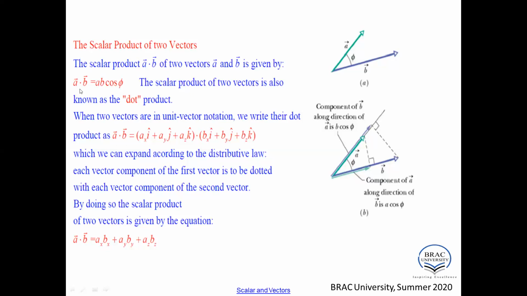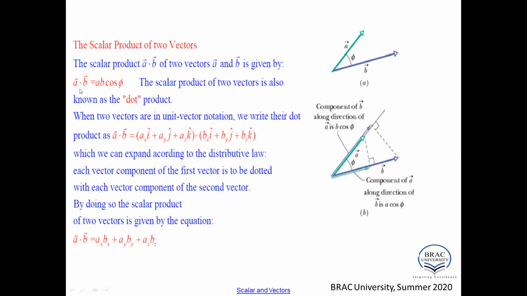In case of different unit vectors, say i dot j or j dot k or k dot i, the dot product is 0, because the magnitudes are 1, but the angle between two different unit vectors is 90 degrees. So cos 90 degrees is 0.